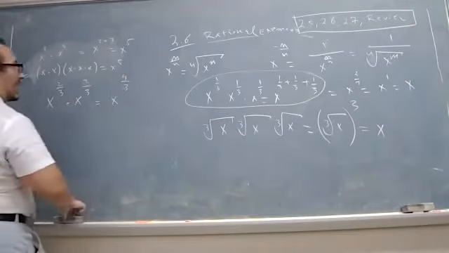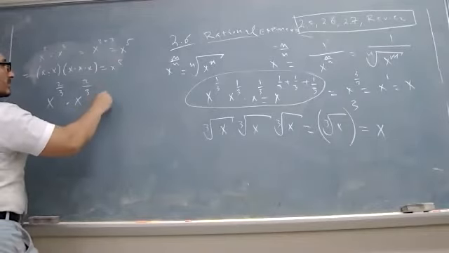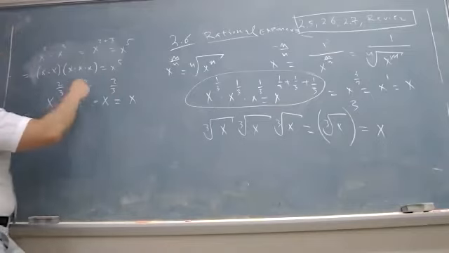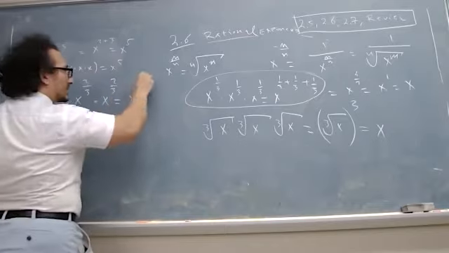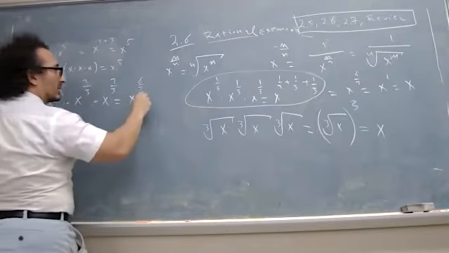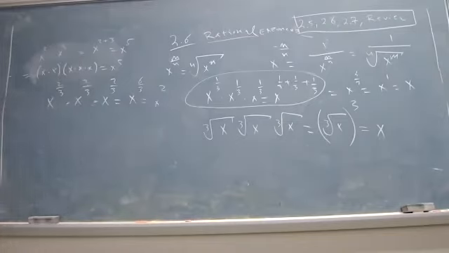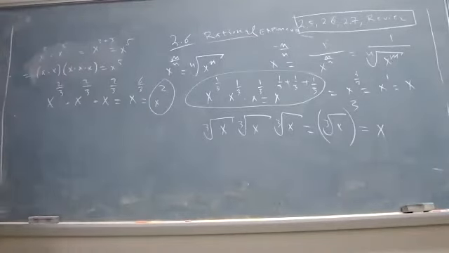So what if I were to do it again? That's x raised to the 2/3 power. So that's 2/3 plus 2/3 plus 2/3. That's 6/3. So that's x squared. So now it finally breaks down to something called x squared.